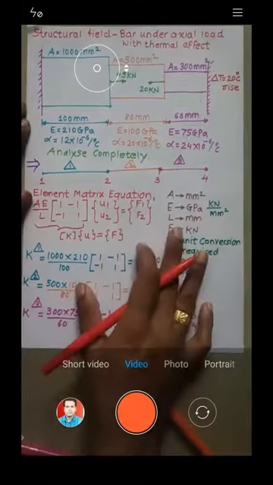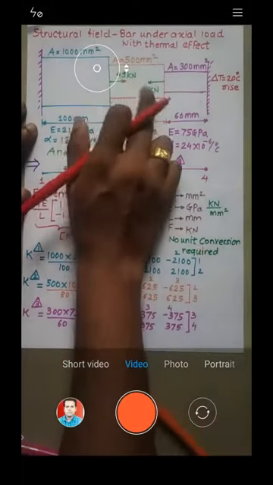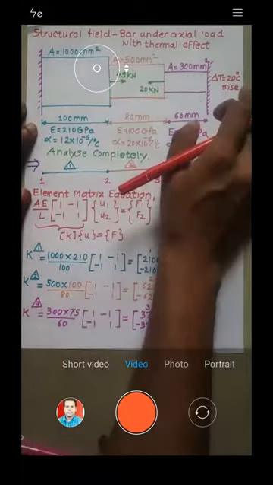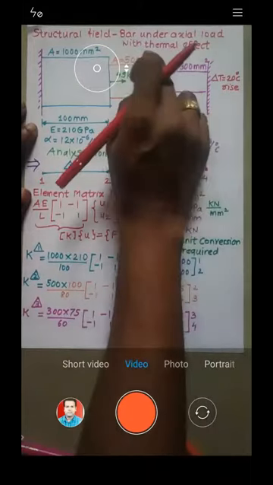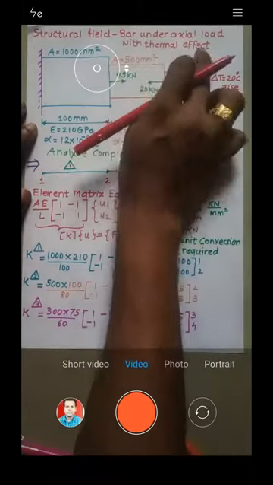That is the reason why we consider the thermal effect. So these forces are there, but similarly, during this process, there is a rise of 20 degrees Celsius, which we are supposed to consider, right? Now, these are the element stiffness matrices.